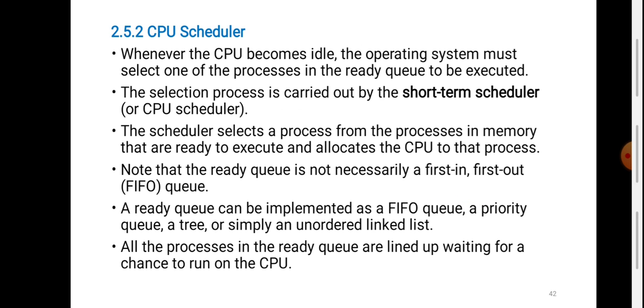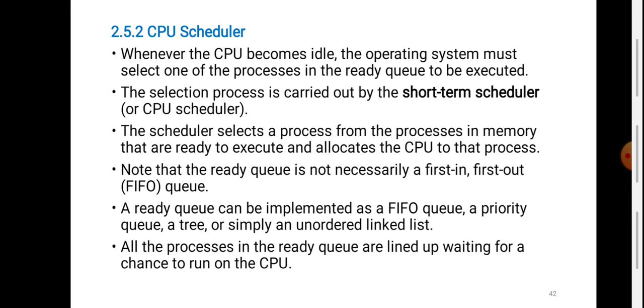Okay. Now next, one more small concept is the CPU scheduler. Whenever the CPU becomes idle, the operating system must select one of the processes in the ready queue to execute. Once the CPU becomes free and does not have any process to execute, the operating system has to take one process among n number of processes from the ready queue.